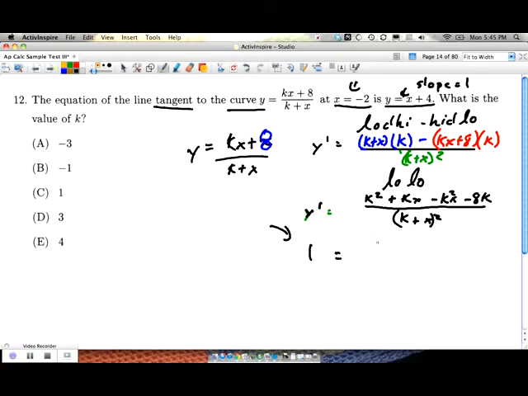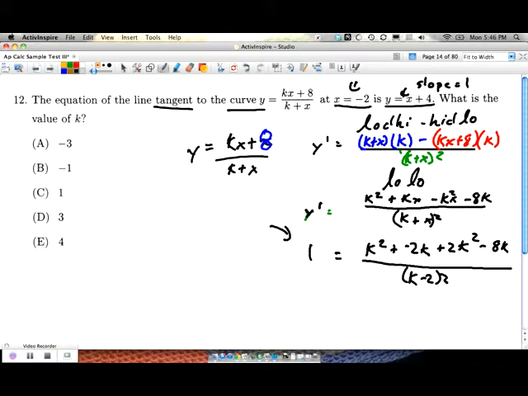That means I'll have k squared plus negative 2k, if I plug in an x there, plus 2k squared minus 8k all over k minus 2 squared.